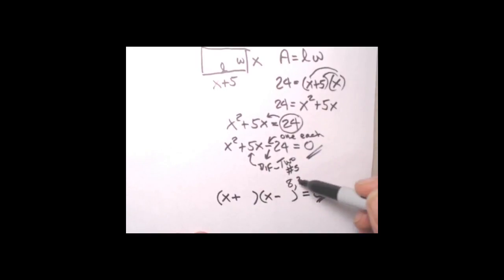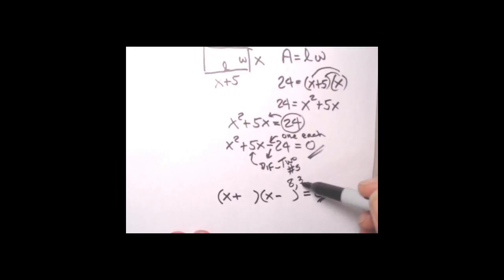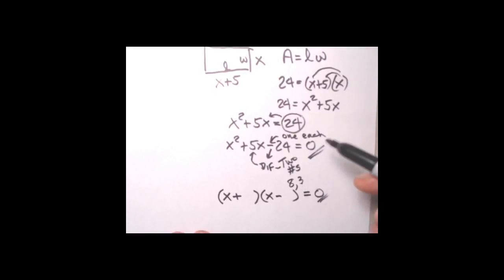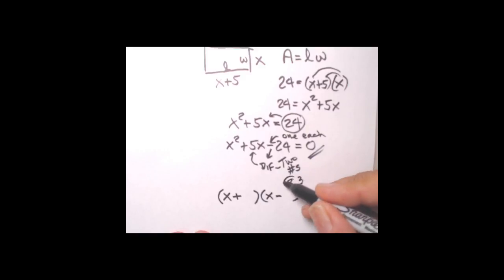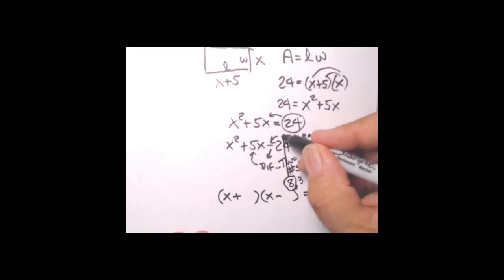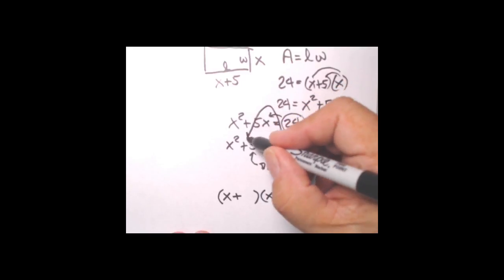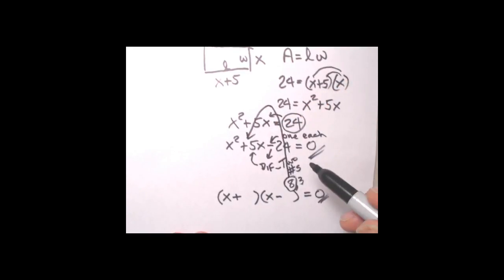Now, since the signs are different, you can't put the 8 and 3 where you want. You've got to get them in the right place, but there's something easy to do that. Remember what I call the bigger game? 8 and 3, the bigger value is 8. It has to have the sign of the center term. Well, the center term is positive, so the 8 has to go behind the plus wherever I put it.